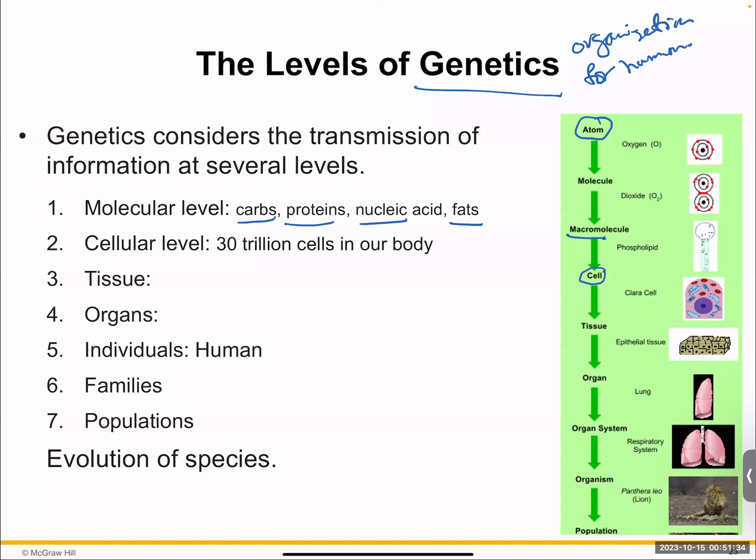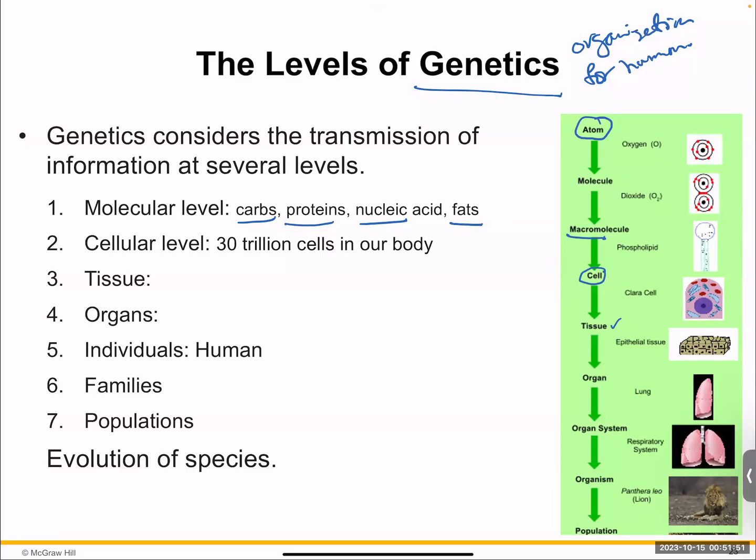I mentioned this before, but now we have a visual representation of it. Cells form your tissue. And I'll talk about that either in this lecture or future lectures. There are 4 major types of tissues we have in our body.